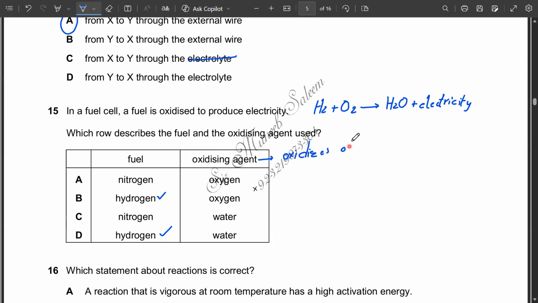Here in this case it is O2. O2 is the oxidizing agent, oxygen gas. So these two tick in option B.